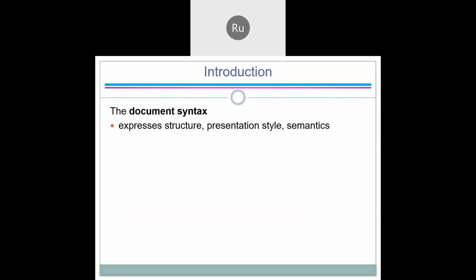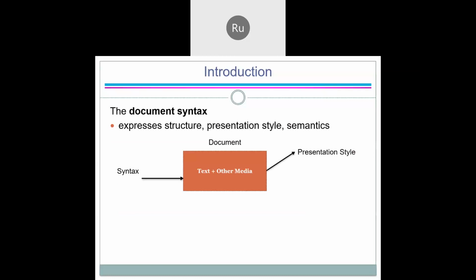So document syntax refers to the grammar. It could provide syntax referring to how you present the document, the format and the structure, the formatting again, and also the meaning.